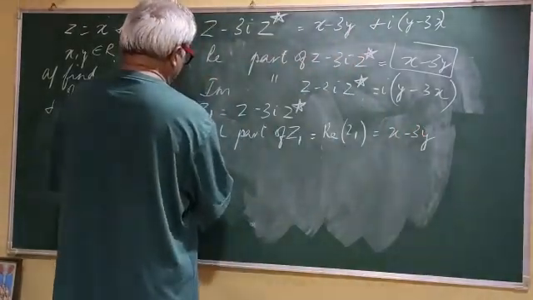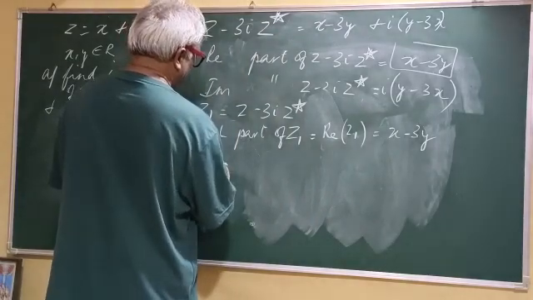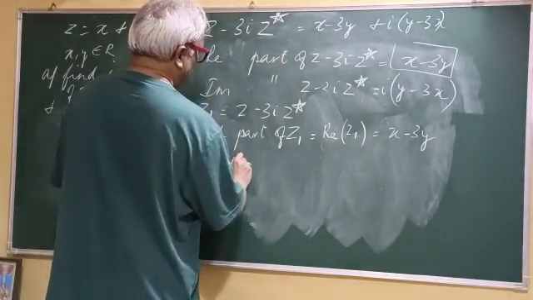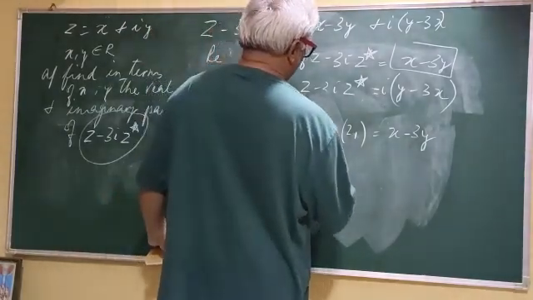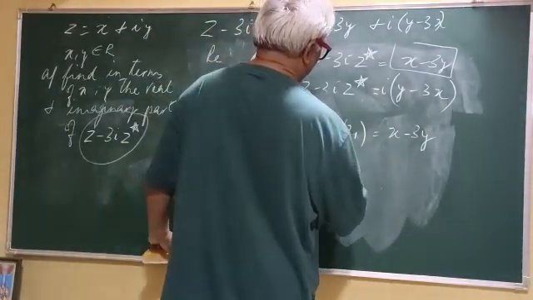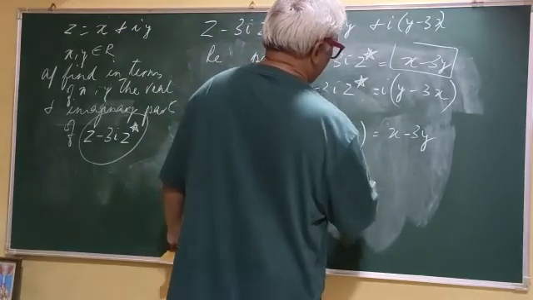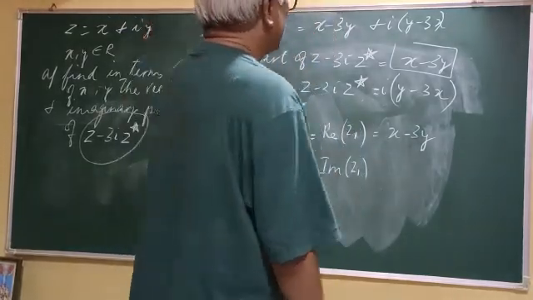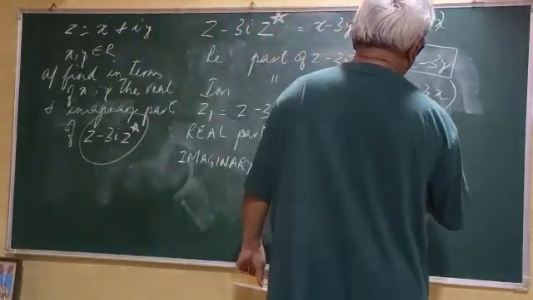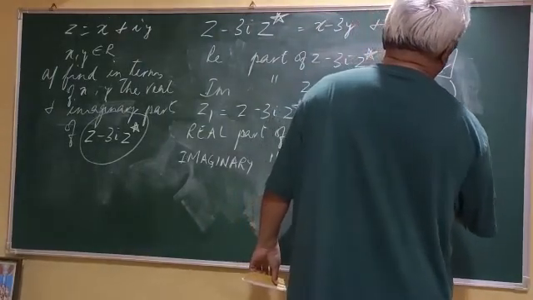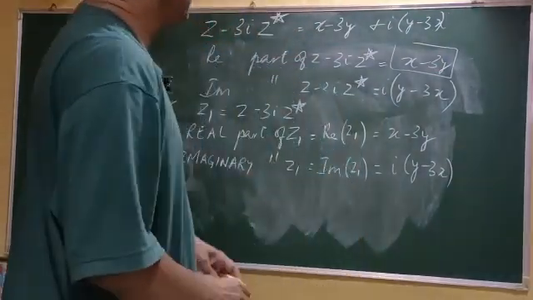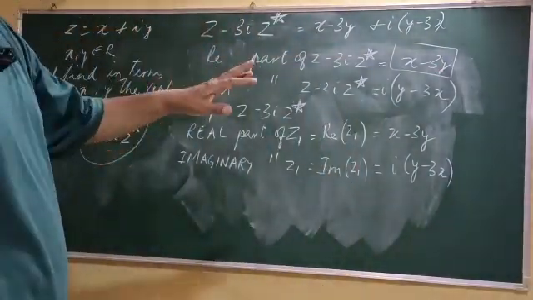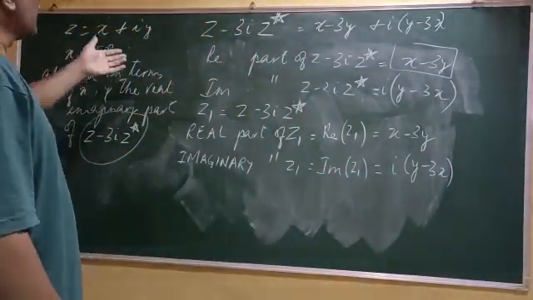And the imaginary part of Z1 is y minus 3x. Correct? So we found the real and imaginary parts of z minus 3i z star.